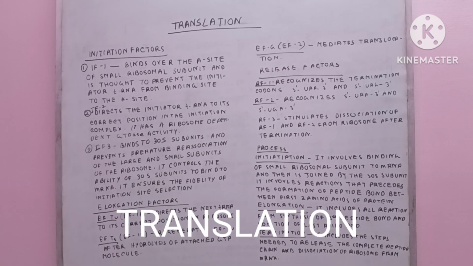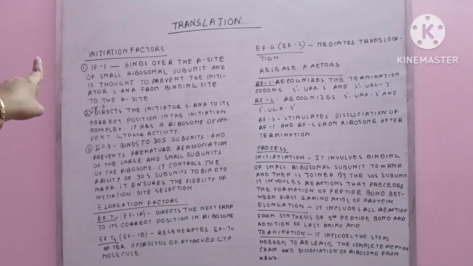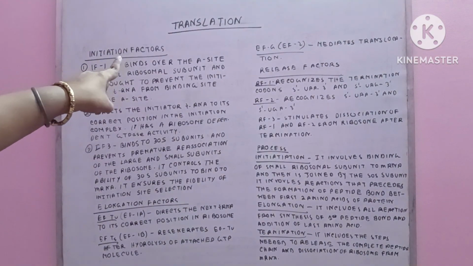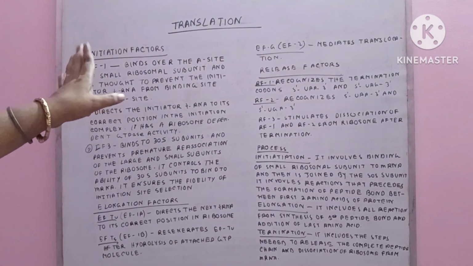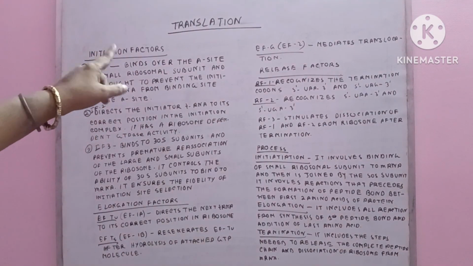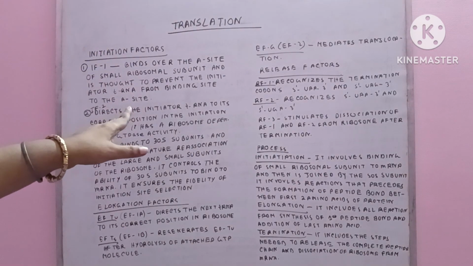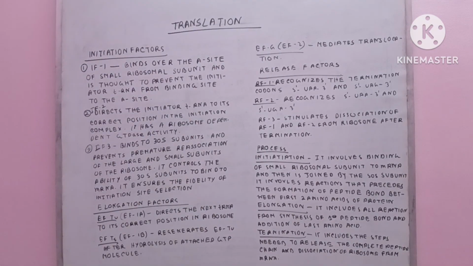On the small ribosomal subunit there are three sites: A, P and E. So IF1 binds over the A site, and in that way it prevents the initiator tRNA from binding to the A site.